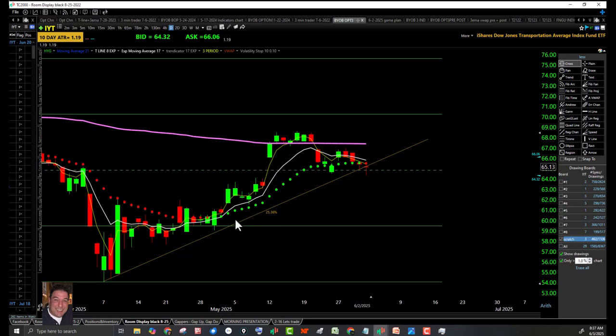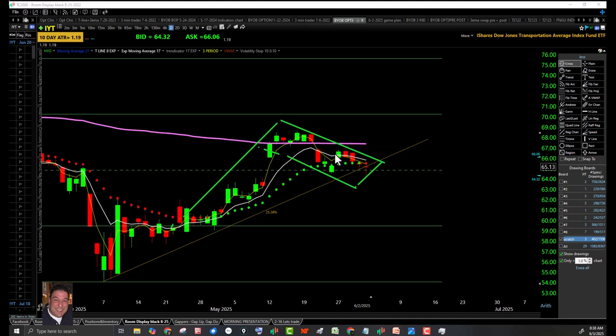Currently we have a bull flag. I'm going to call it like it is. It's a move up, and you can see we have ourselves a little bull flag right here. But we're in a downtrend. Not a very strong bull flag, but nonetheless, it's still a bull flag. I need to see price over the trap more often than under the trap.